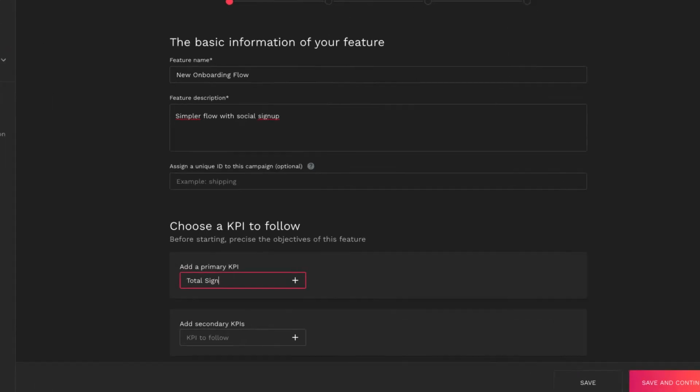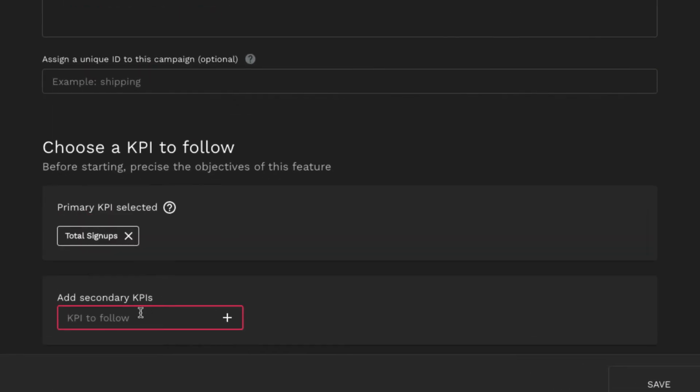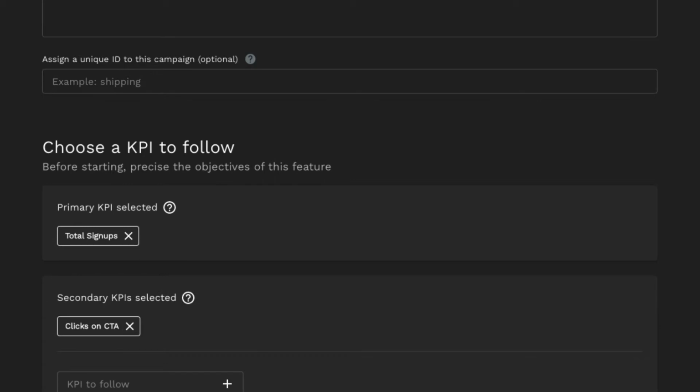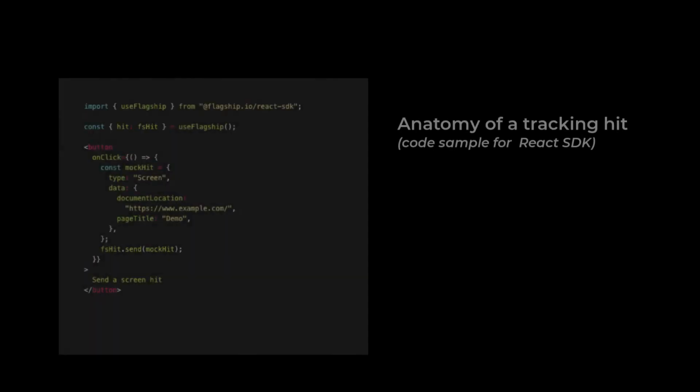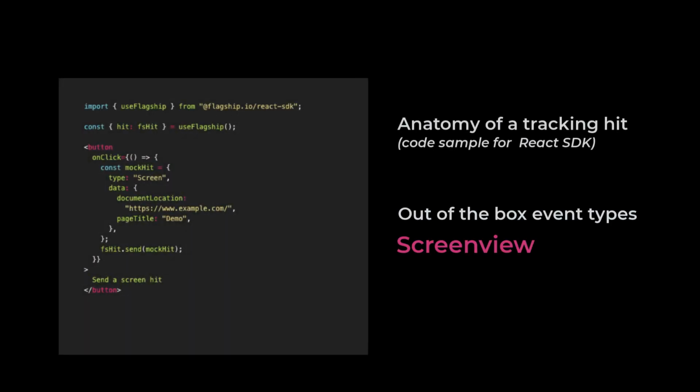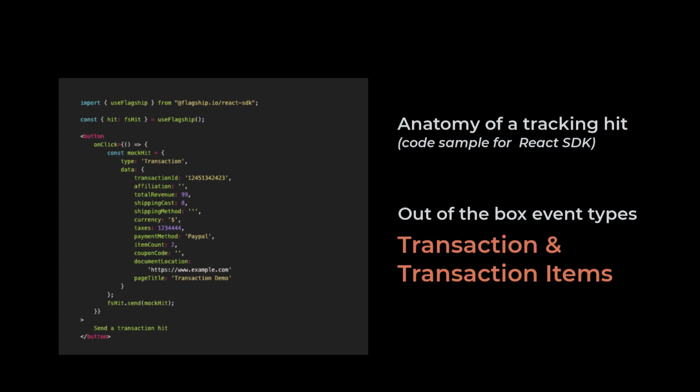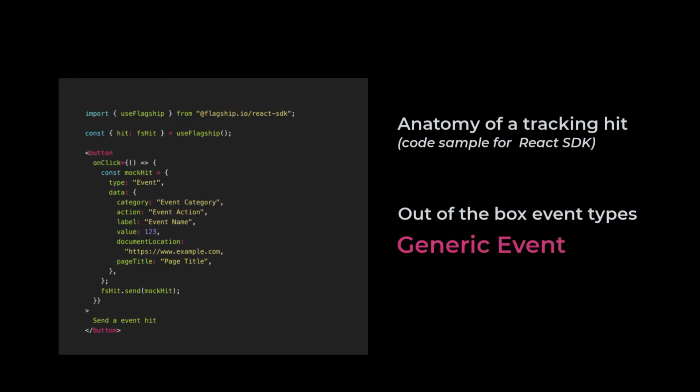For this example, your team wants to track total signups as the primary business KPI and a secondary one. Let's say click on the sign up button. Tracking these metrics implies using methods from our SDKs to connect real-time events on your site or app. With our robust data collect system, this not only feeds our artificial intelligence algorithms, but also the reporting made available.